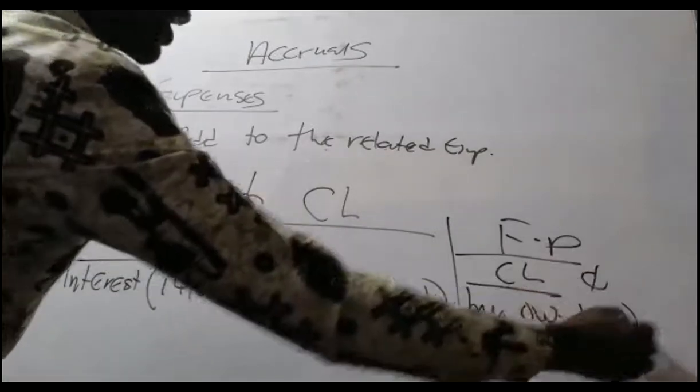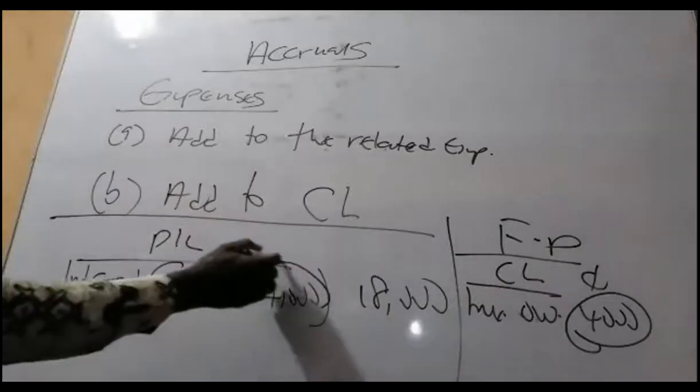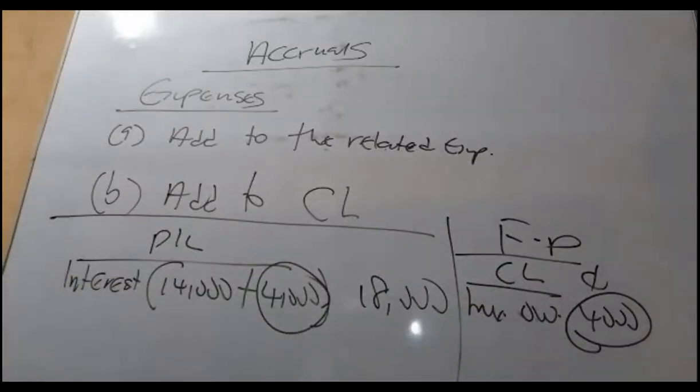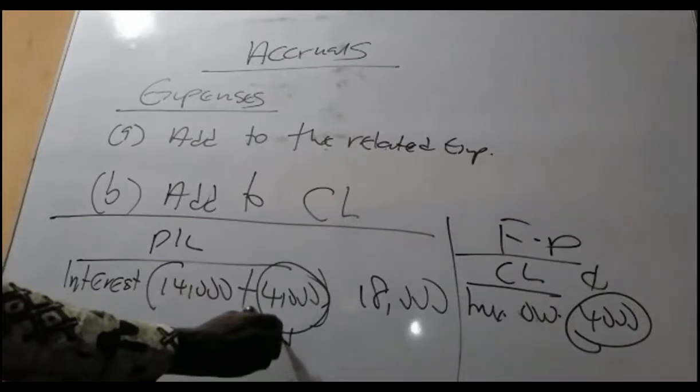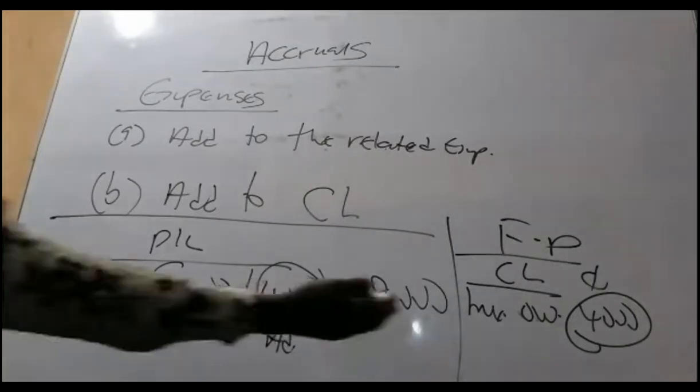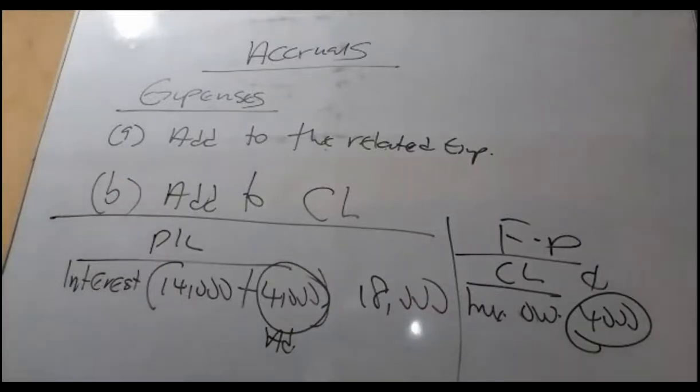We are looking at how you treat the part that you are owing. You add it to the related expense, add it to your current liability, then you are done. Good. I'm done with the expenses owing.